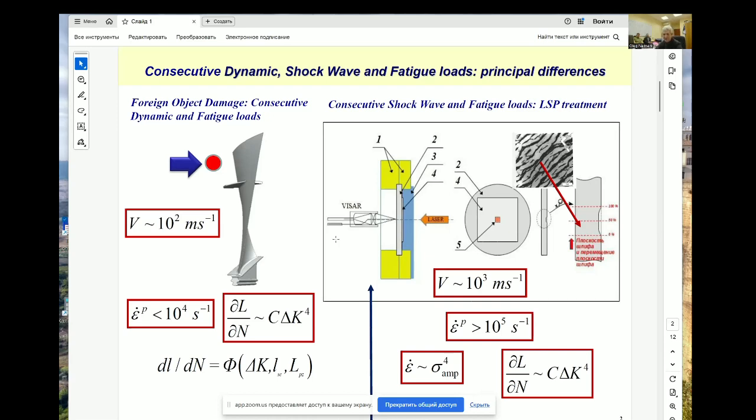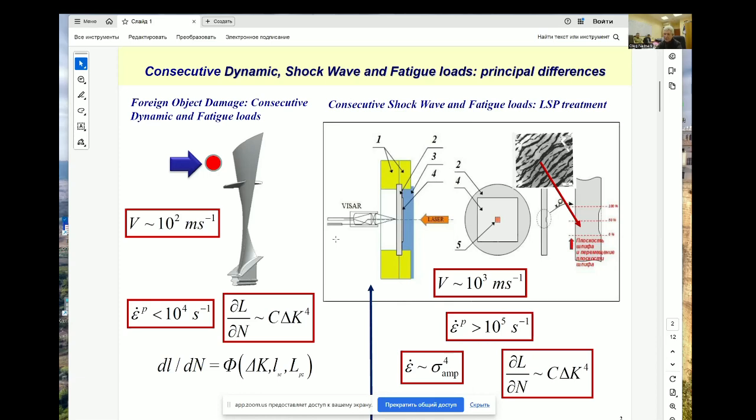When we have an occasional impact of some hard particle, for instance with blades, the fatigue life decreases catastrophically. The characteristic velocity for this collision is around 100 meters per second, and the characteristic strain rates are less than 10 to the 4 inverse second. As usual, after that, we could estimate a characteristic fatigue lifetime.